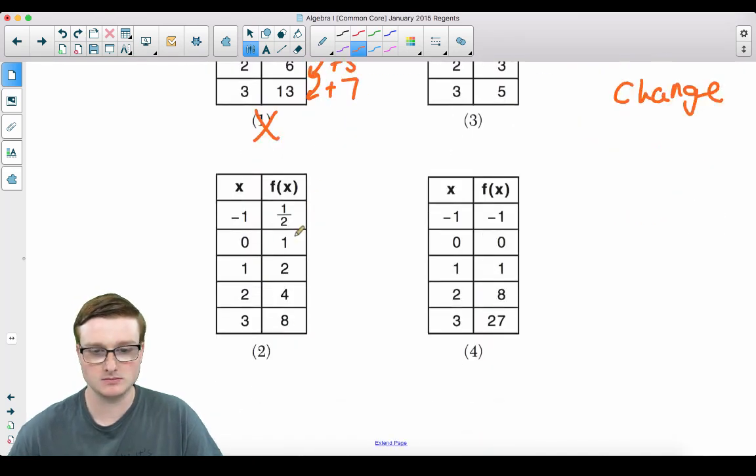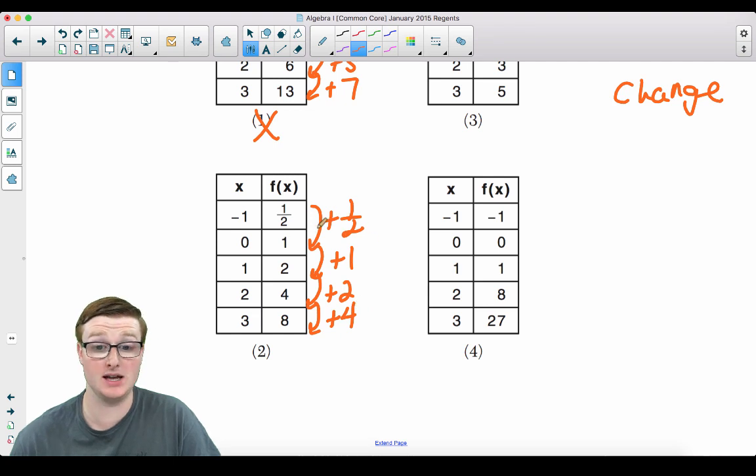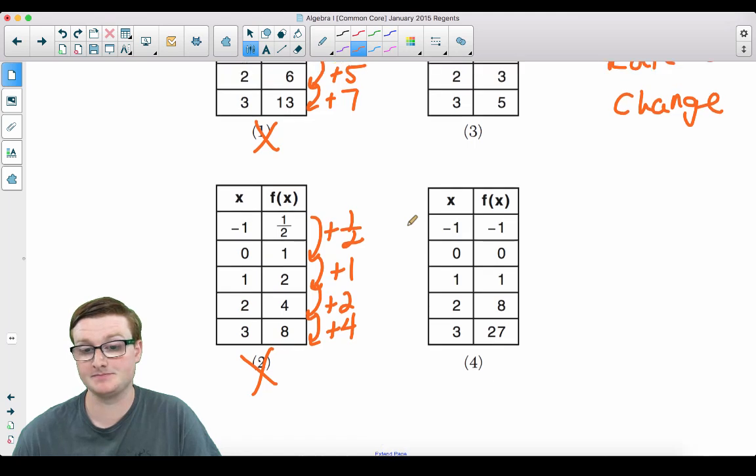Go down to 2. This one, it looks like that you're adding a half, maybe. And then it looks like that you're adding by 1. Looks like you're adding by 2. Then it looks like that you're adding by 4. Or you could be multiplying by 2 each time. So this is exponential. So that can't be it.